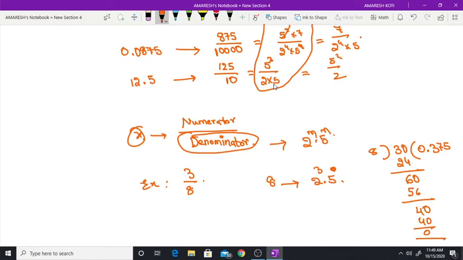If the remainder is 0, then the decimal is a terminating decimal.